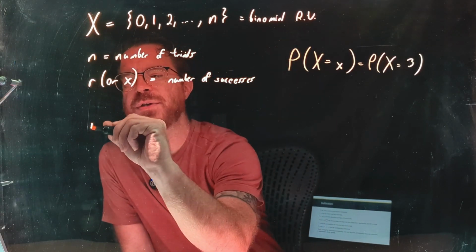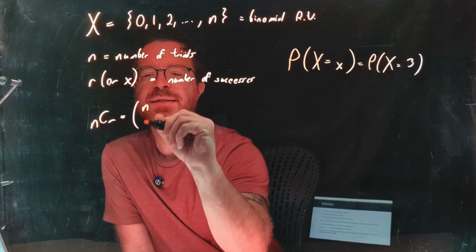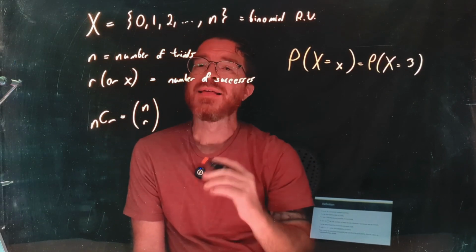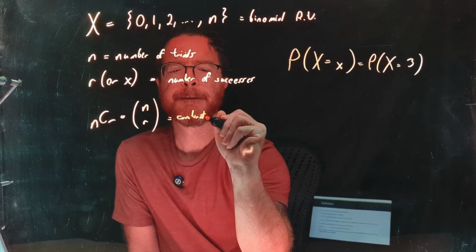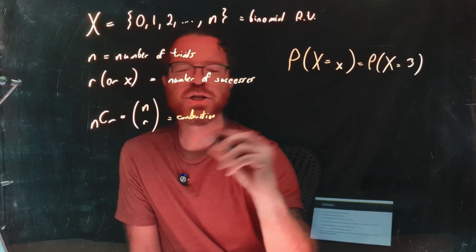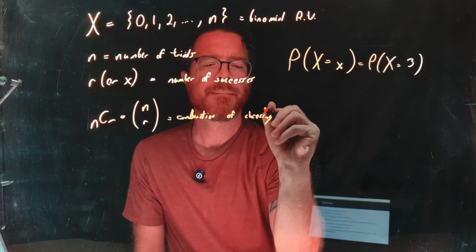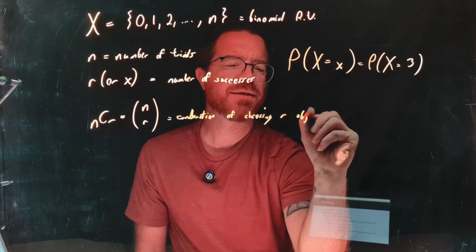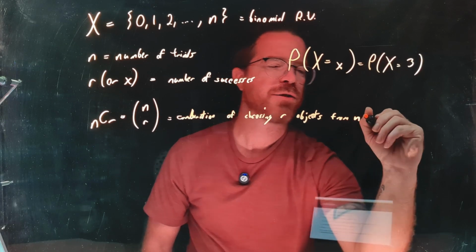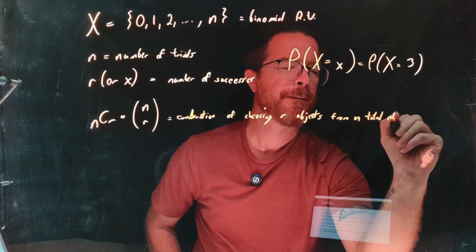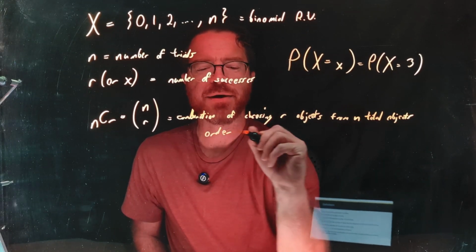Now, we also have nCr, which if you remember from prior class, is the combination of choosing r objects from n total objects where order does not matter.